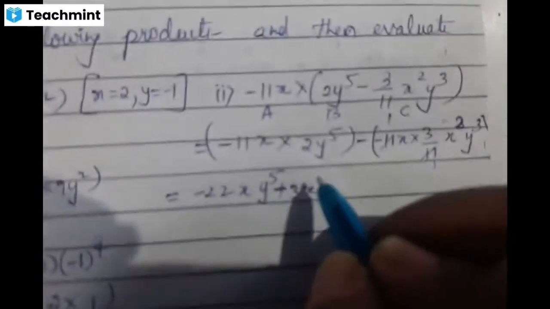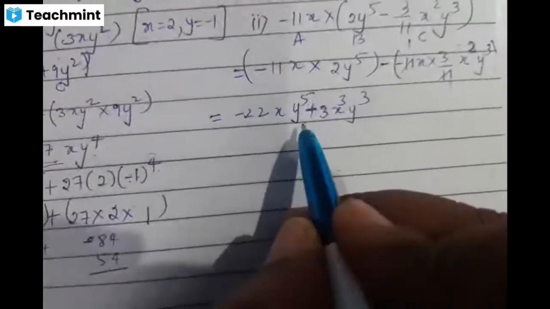So x square into x is x cube. Then y to the power of 3. This is the RHS you have got, children.